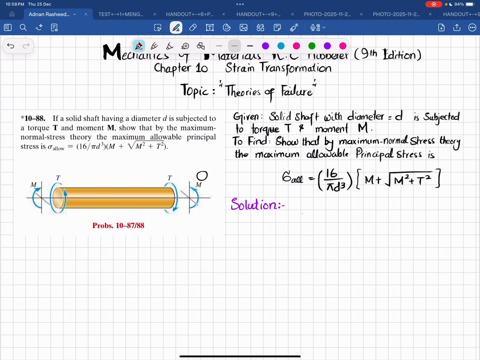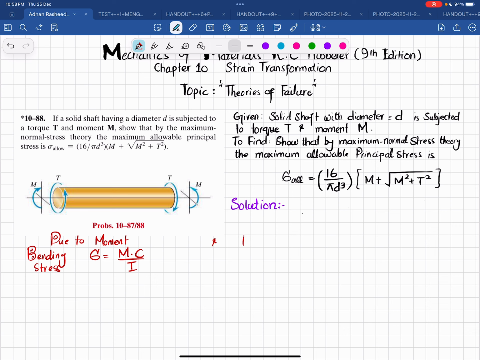Okay, so the first step is that due to moment we will have bending stress, and this bending stress is equal to M into c divided by I, where M is the moment, c is the radius, and I is the second moment of inertia.